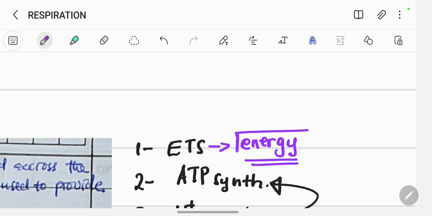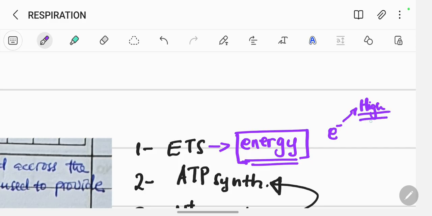If you go and study radioactivity and the hydrogen spectrum in chemistry, you will find out that as electrons jump to a higher energy level, there is energy they possess.